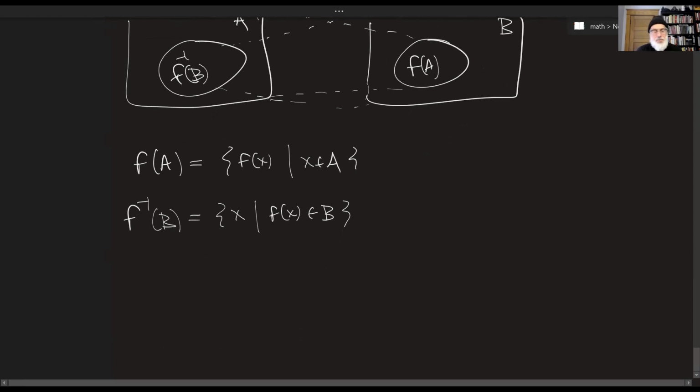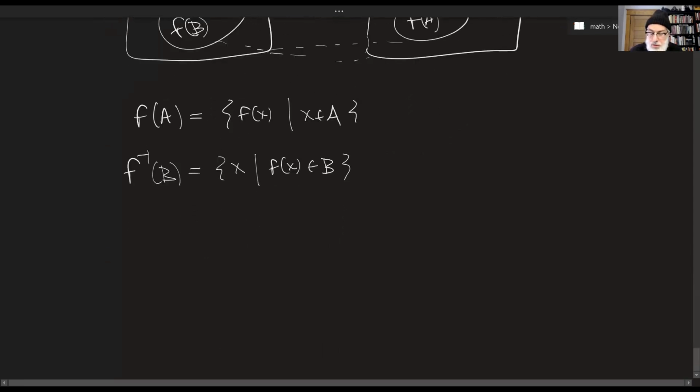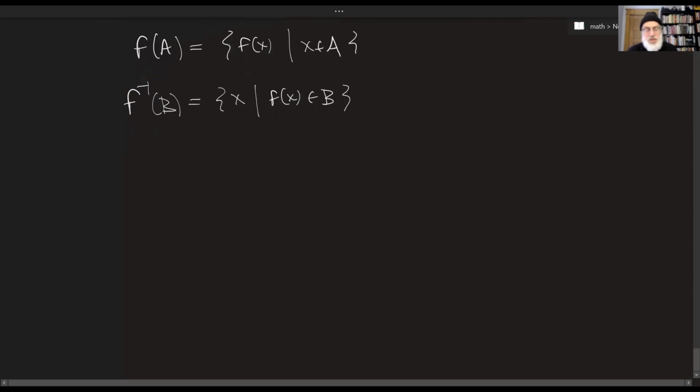Let's look at an example. It might help. Definitions are nice, but let's look at an example and get an idea of how this works.